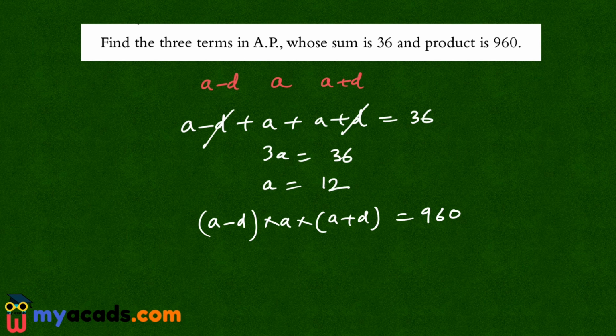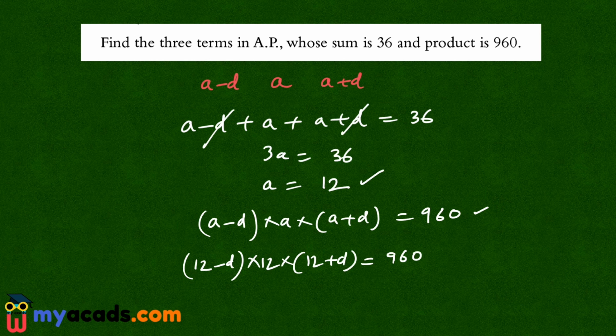Now I will put the value of a equals 12 in this equation. It will become (12 minus d) into 12 multiplied by (12 plus d) equals 960. Now I will divide this by 12. This will become 80.